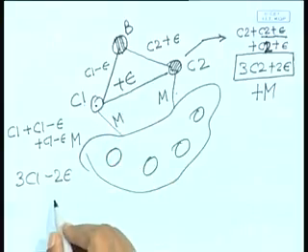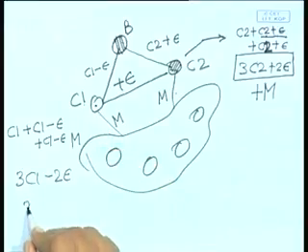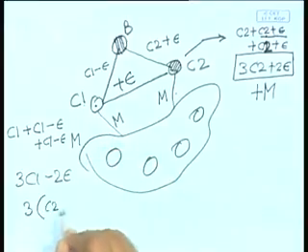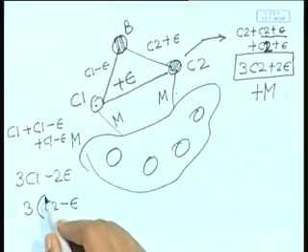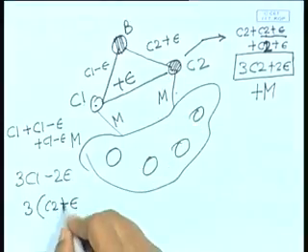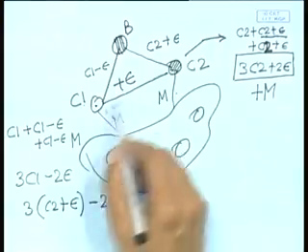So, this becomes 3 C2 minus epsilon, okay, C1 is C2 plus epsilon, right, minus 2 epsilon.